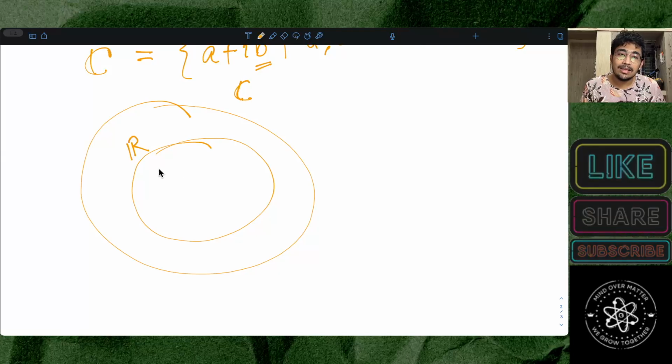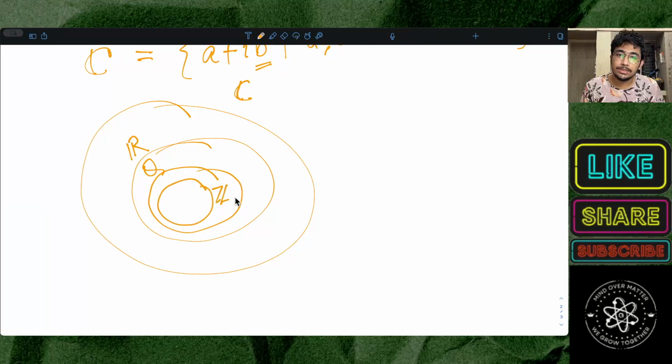If we exclude all the irrational numbers from real numbers, we have the set of all rational numbers Q. If we exclude all the fractions from rational numbers, we get all the integers Z, and if we exclude all the negative integers and 0, we get the set of natural numbers.